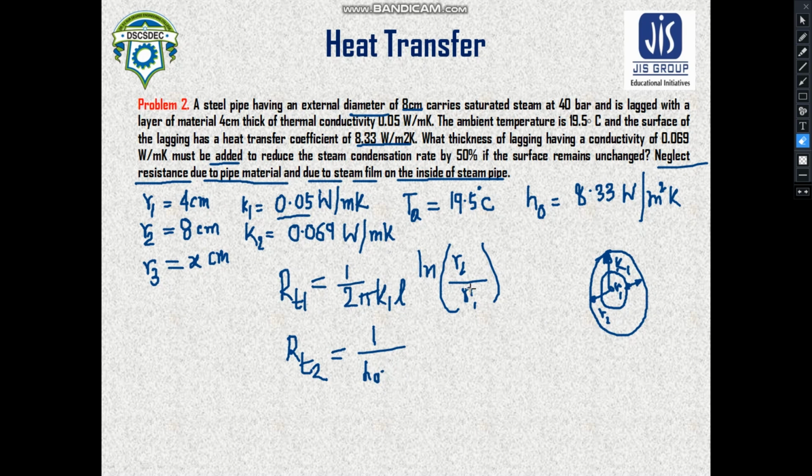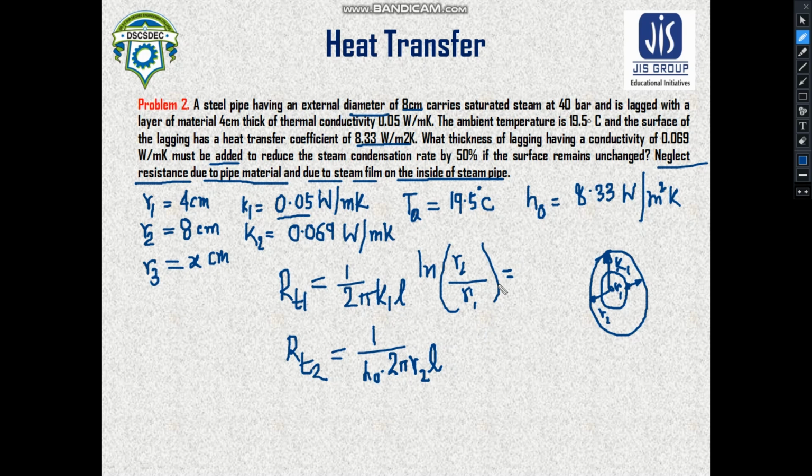So this area can be written as 2 pi R2 L. Now if you put all the values here, you know that K1 is 0.05. You know the length is not given yet, so let us take this length as the variable here.